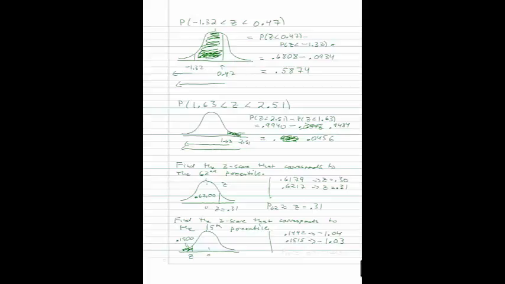And I like to have the one that beats at least that many. So I'm going to go with negative 1.03 since that beats at least 15% of the population. So I will say that P15, the 15th percentile, is approximately the z-score of negative 1.03. And that will conclude this lesson.